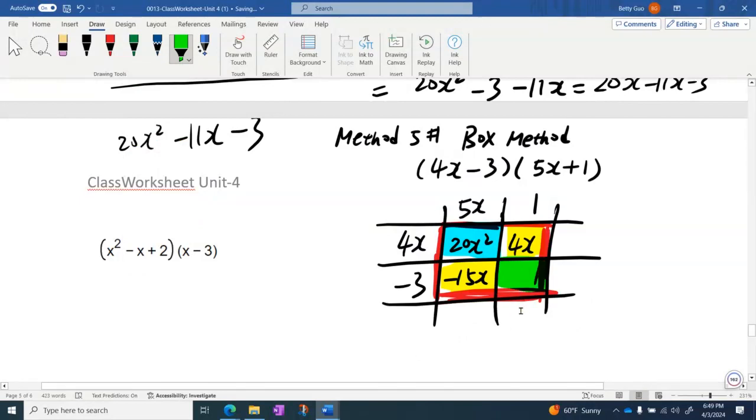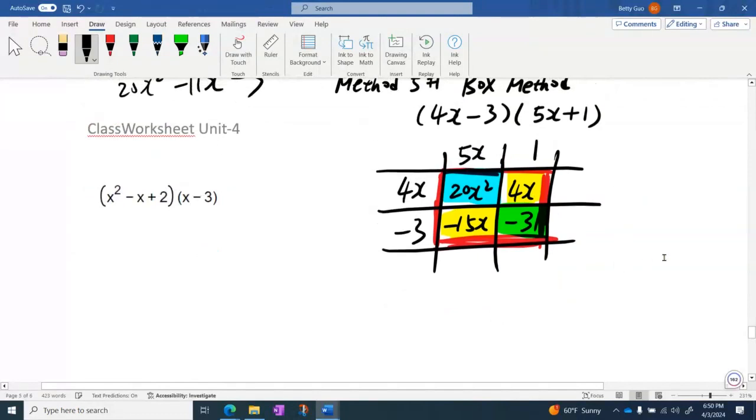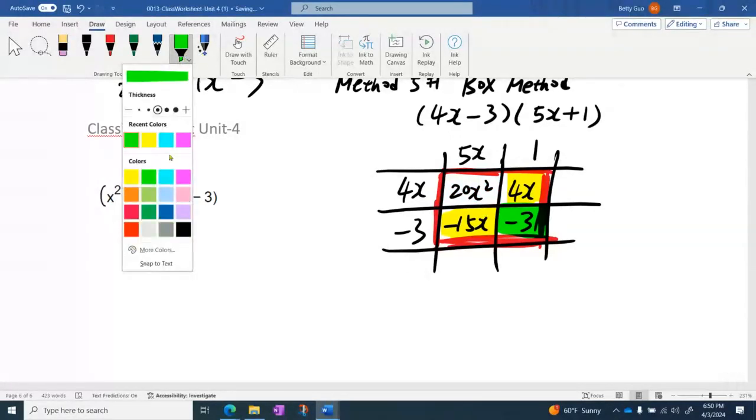The green cell is row 2, column 2. So we have negative 3 times 1, which is negative 3. As you can see, the two yellow cells on the diagonal of the box are like terms, so we can combine them. So normally I do this. Let me change the color. This is the blue.